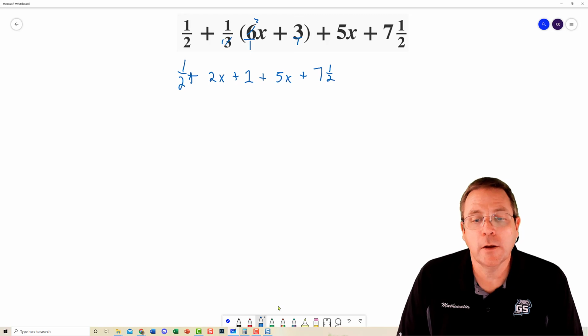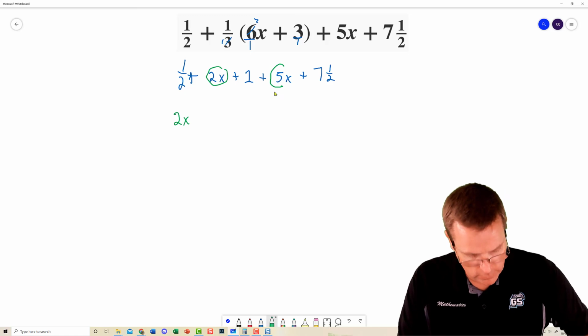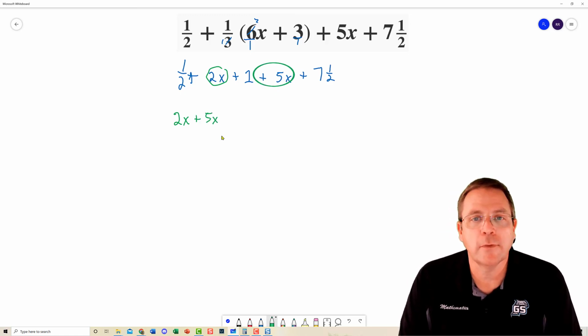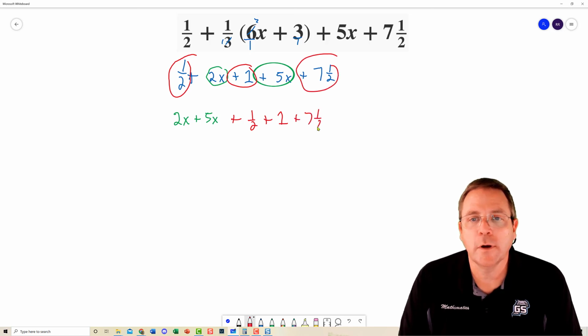Next, I'm going to use my commutative property to combine my like terms, so everything that has an x is going to go in the front. 2x is right here, and I want to include that plus sign there, plus the 5x is right there. And from there, my constants are going to be 1/2 plus 1/2 plus 1 plus 7 1/2.